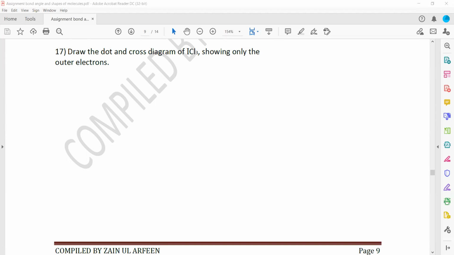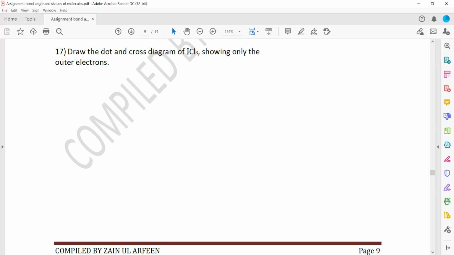Look what happened. There are exceptions. For some elements there are exceptions. What is the reason? For example, they can adjust more than 8 electrons in the outermost shell.